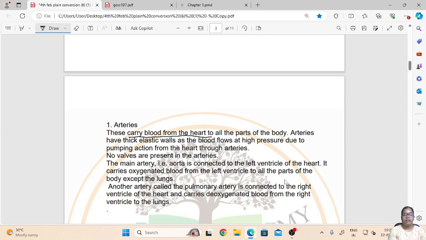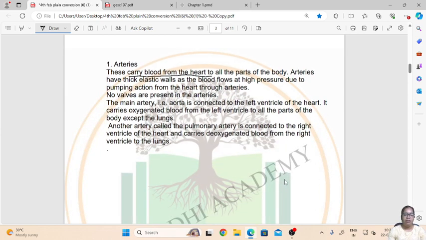So all the arteries are majorly helping in supplying what? Arteries help in supplying oxygenated blood.